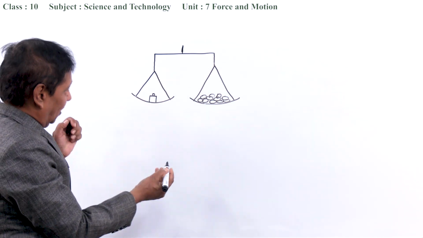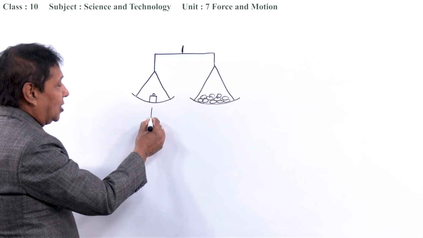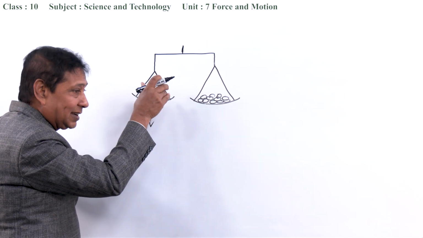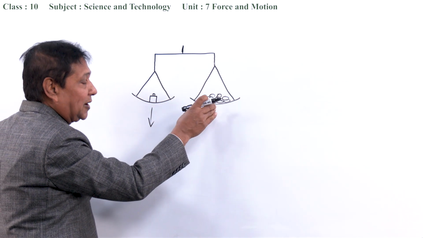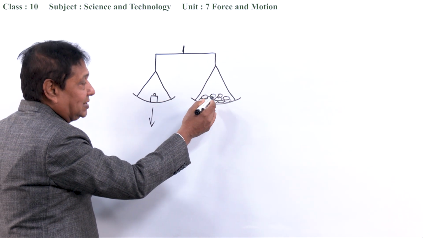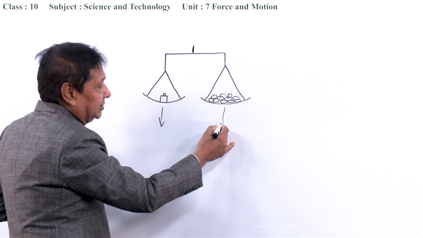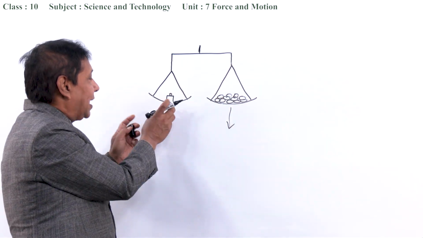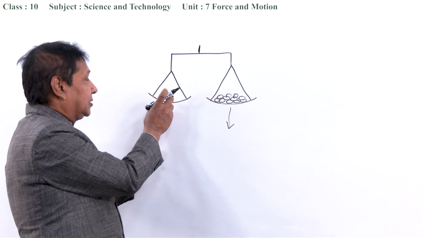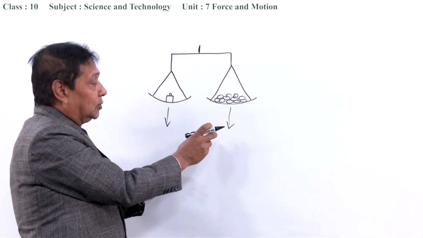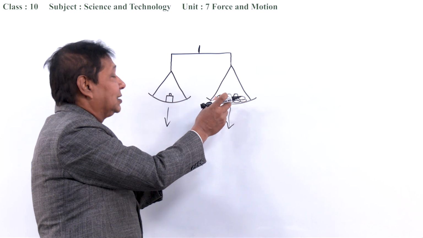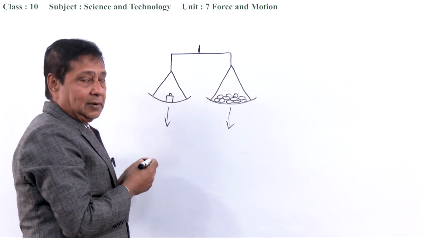And actually, the force of attraction of the earth acting on this standard mass is compared with the force of attraction of the earth acting on this unknown mass. When these two, I mean the gravitational force of attraction of the earth on this mass, is equal to the gravitational force of the earth acting on this second mass, then the beam becomes balanced.